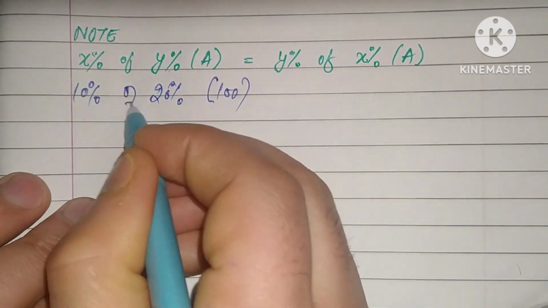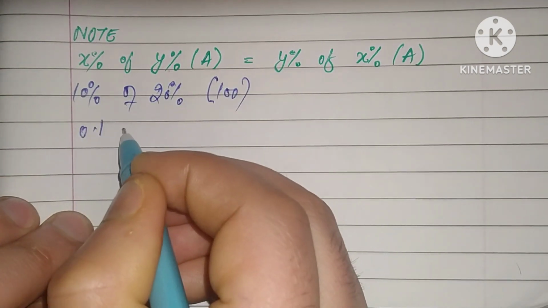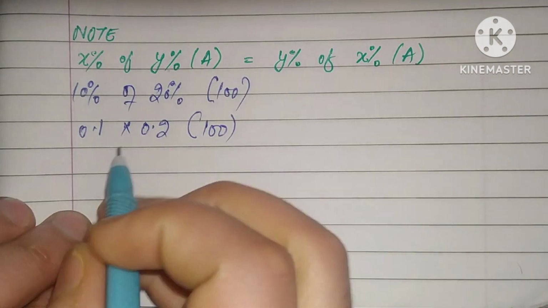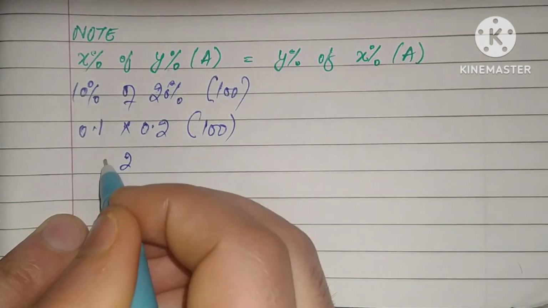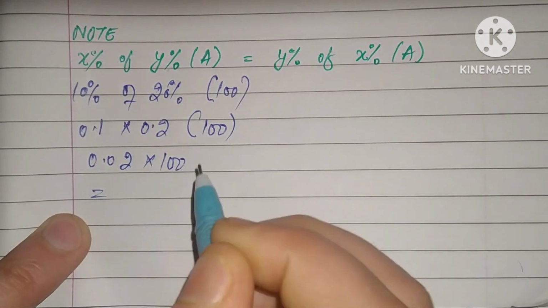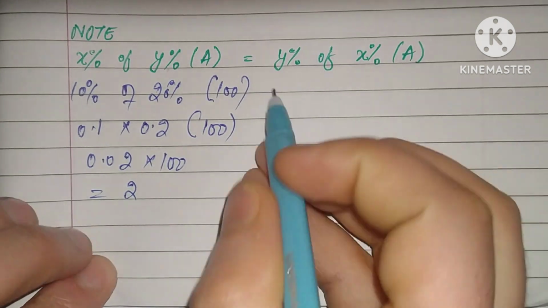So 10% of 20% of 100 will be 0.1 into 0.2 into 100. It will be 0.02 into 100, which is 2.